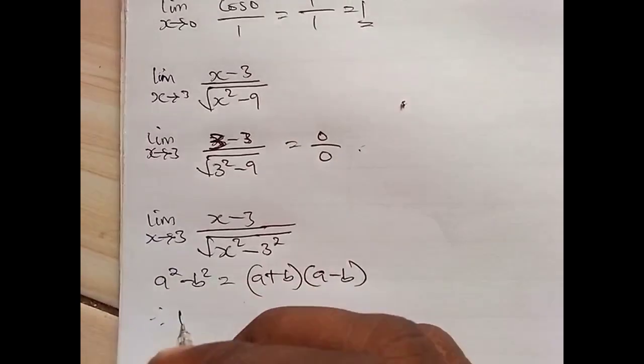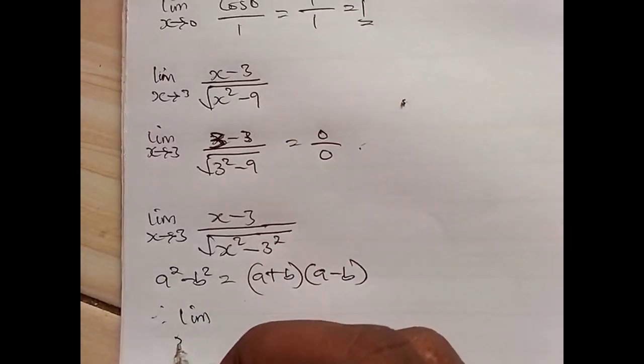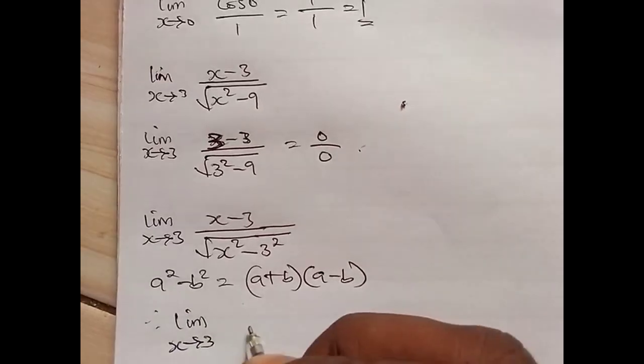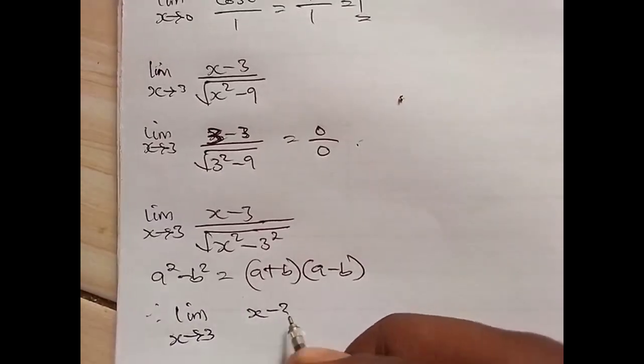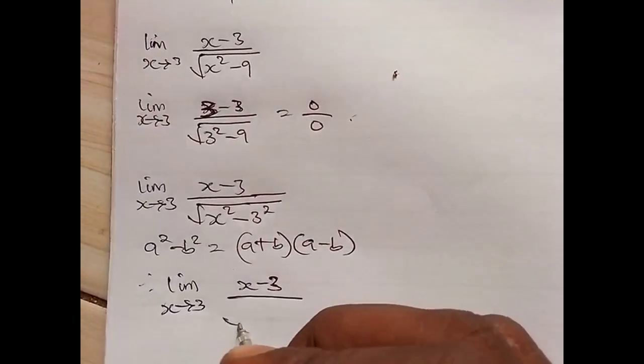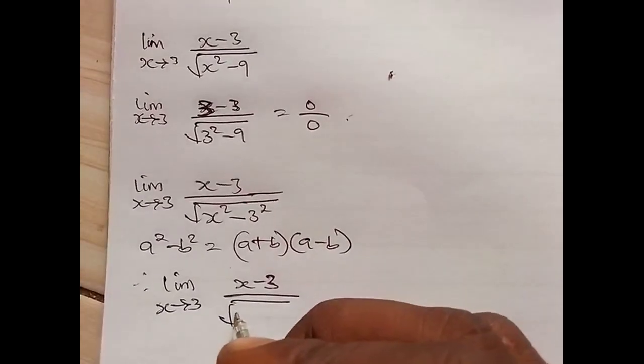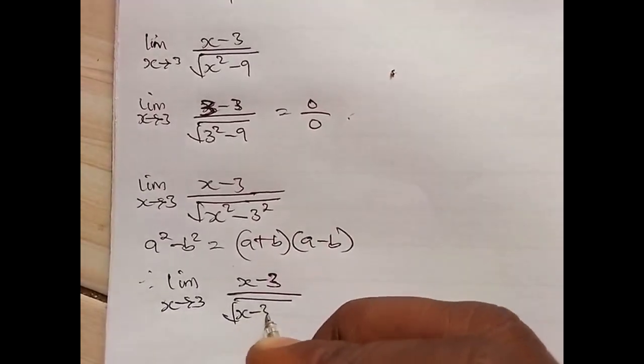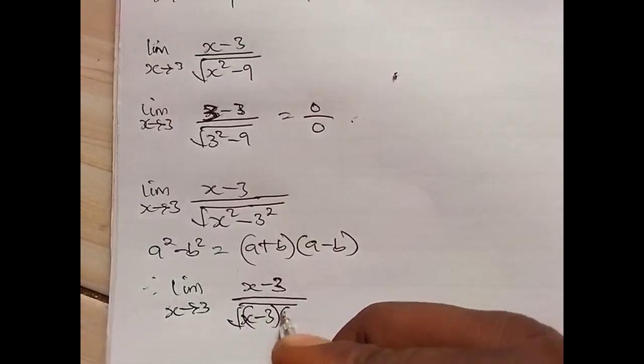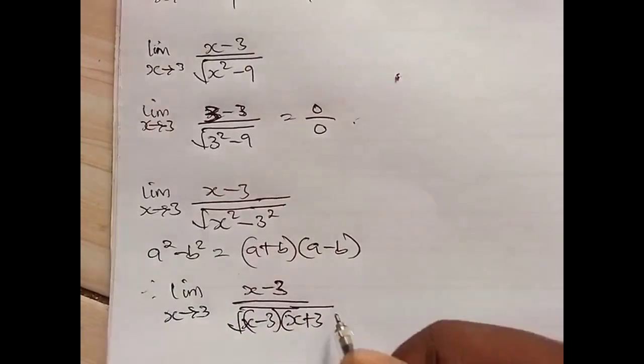So we can say limit as x tends to 3, the numerator x minus 3 over the denominator, we have here square root of (x minus 3)(x plus 3).